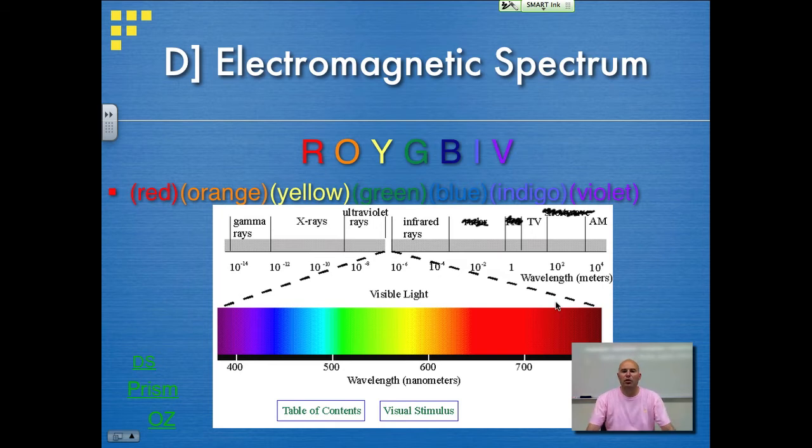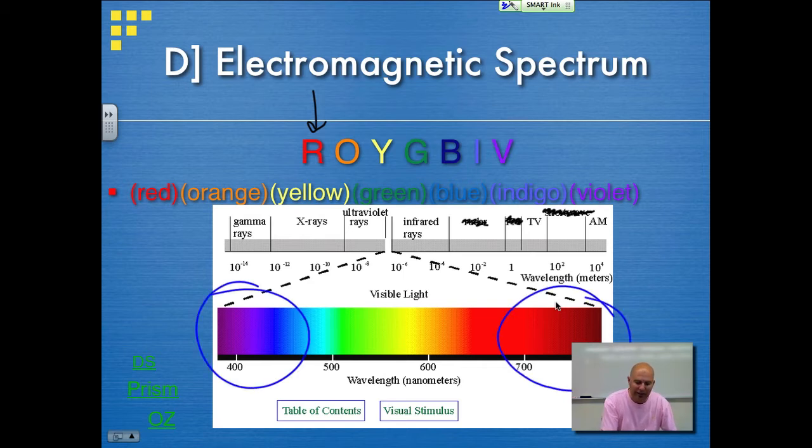All right, so notice my drawing here, and I wish I had flipped it around, because I've got the red over here and the red over on this picture, but it was the best one I could find on the internet. But basically, notice we've got this spectrum where red is over here, violet is over here.